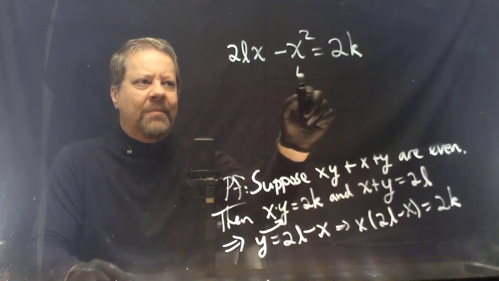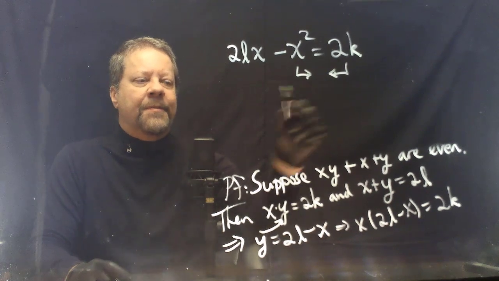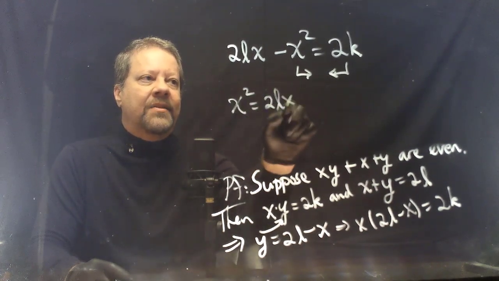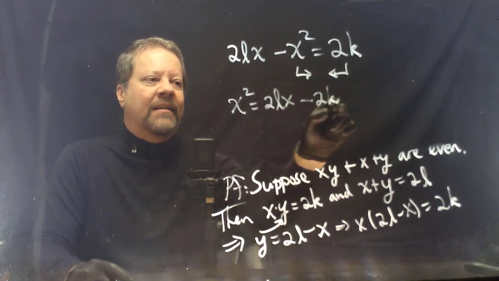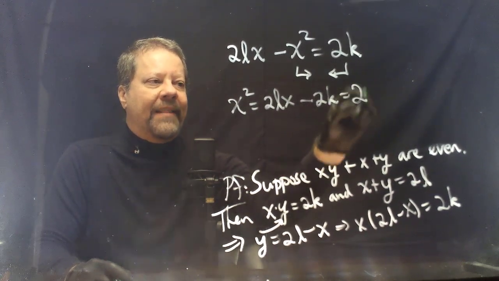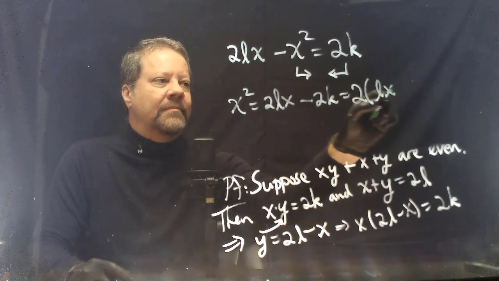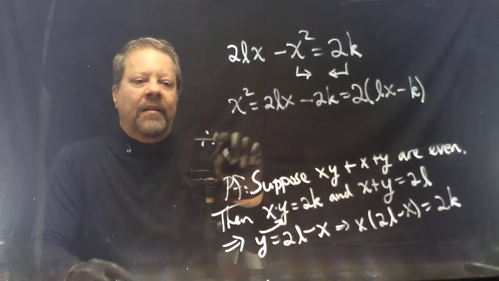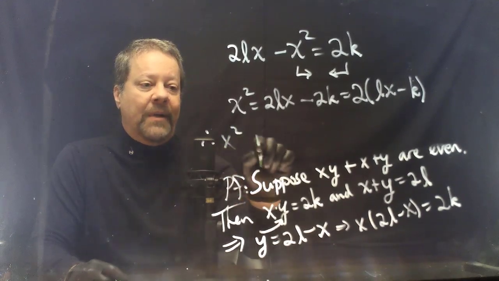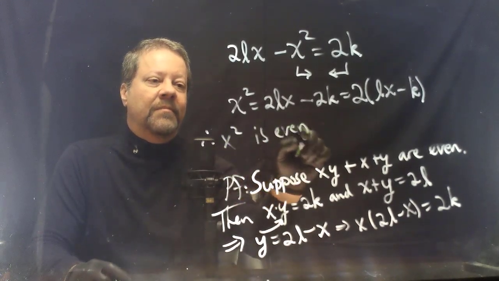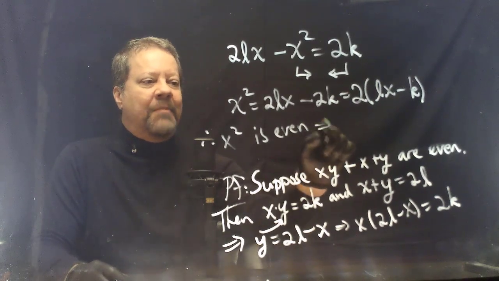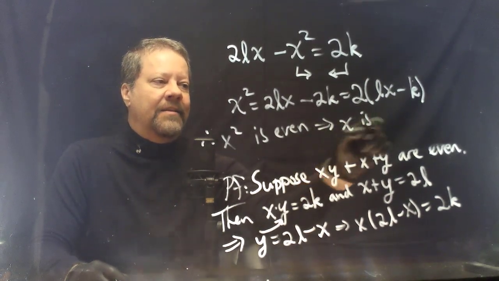I'm going to get x squared by itself, so I'm going to move some terms around. I'll have x squared is 2lx minus 2k, and note that we can factor a 2 out of that. We know then that x squared is even because it's 2 times another integer. But that implies that x is even.